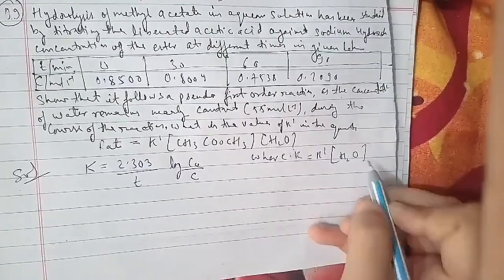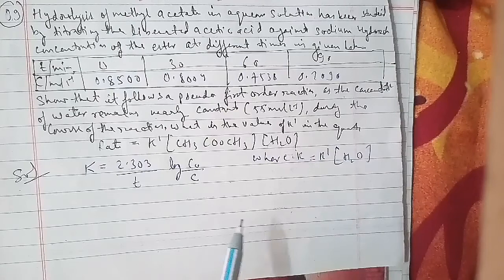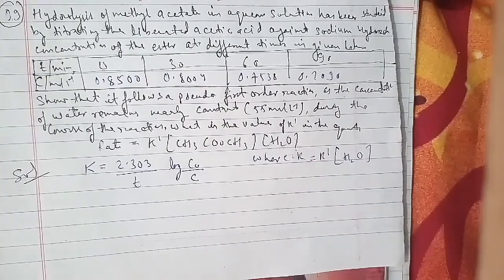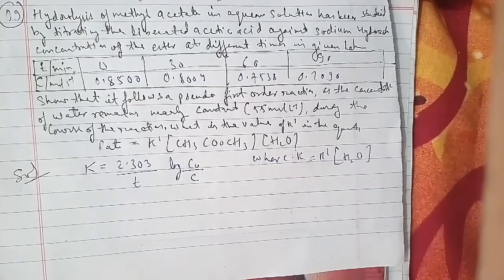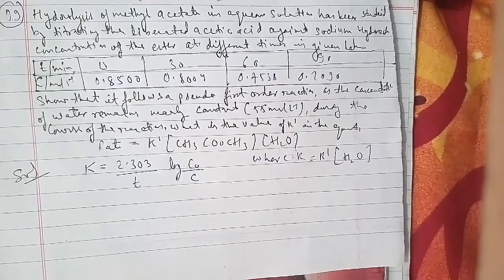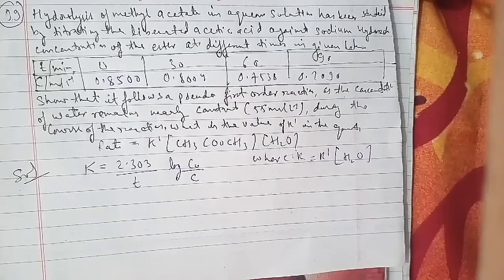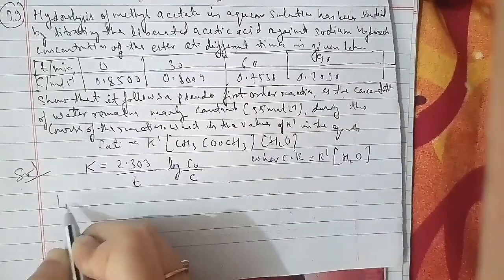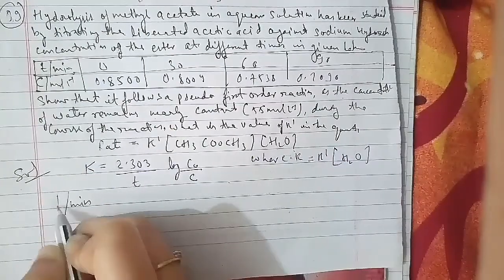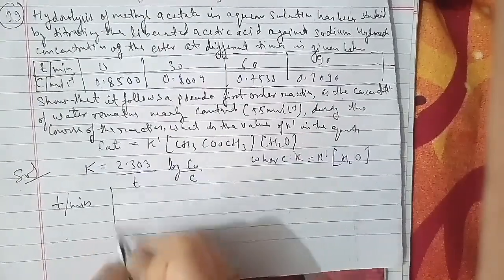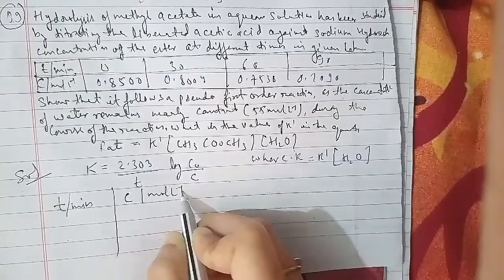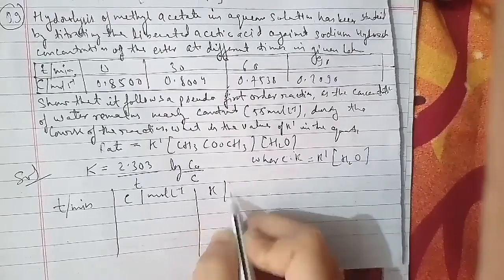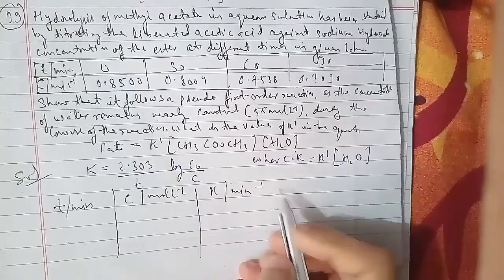From the above data we will make a table, which is also important. We have t in minutes, then another column C in mole liter inverse, then K in minute inverse. So this is the table which we have to make.